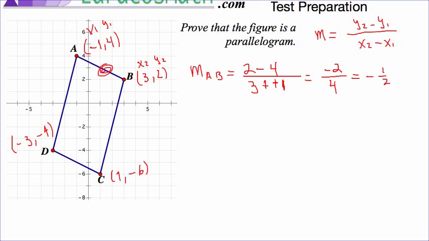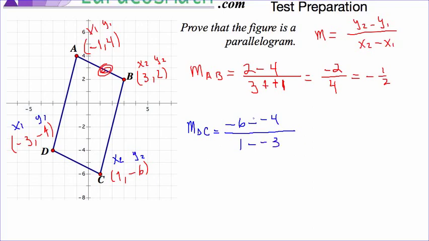So now let's check slope DC. This slope DC is, this is x1, y1, x2, y2. If you mark this way, you never forget who is who. So here is y2, that is -6, minus y1, that is -4. Don't forget, write this negative sign when you have it. So now x2 is 1 minus x1, that is -3.